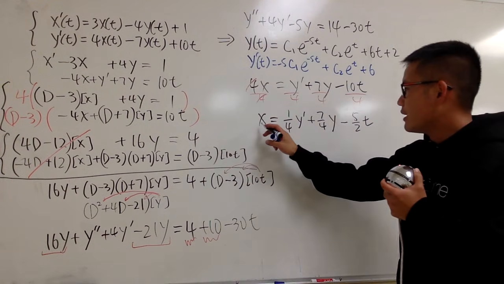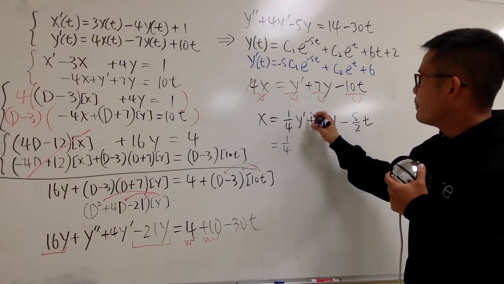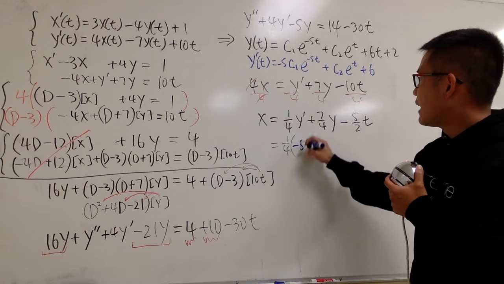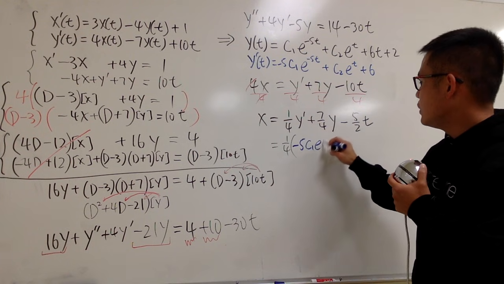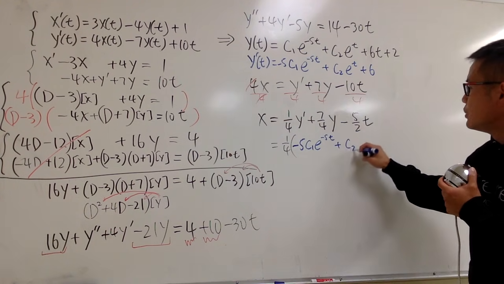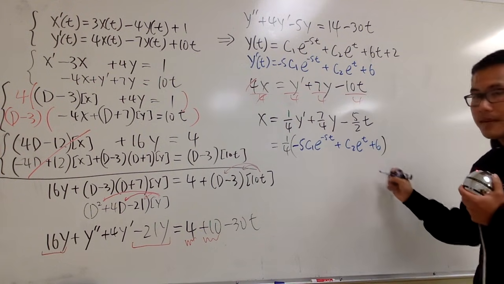And now, here, x is equal to, we have the 1 over 4 y prime, which is, I have to just write it down right here for you guys, negative 5 c1 e to the negative 5t, and then we'll have the plus c2 e to the t, and then plus 6, right? Just like that.